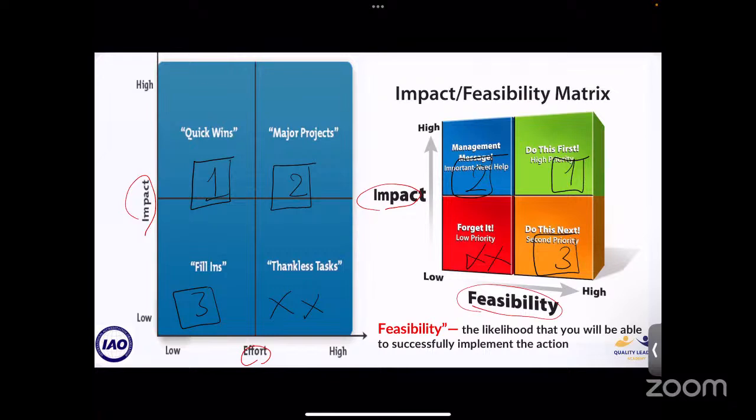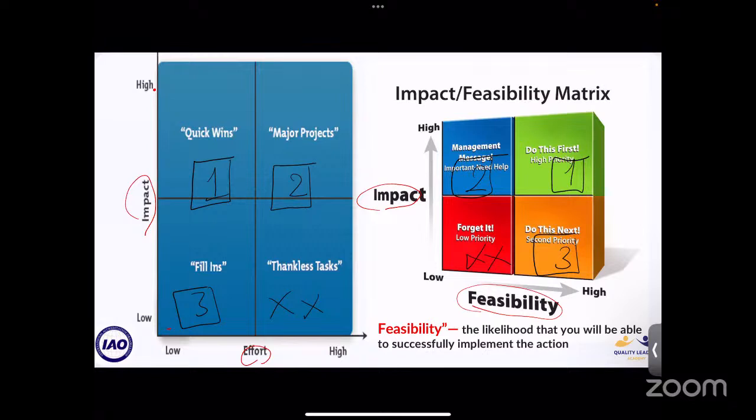So let's take a look here. The impact on the organization, or the impact of the proposed solutions, is ranked. The most impactful solutions are placed on the top, and the least impactful ones are at the bottom.